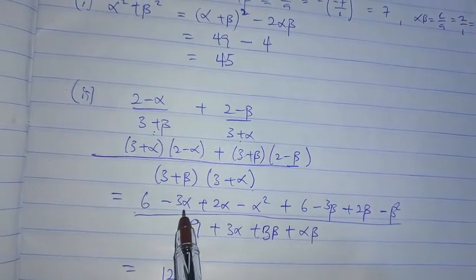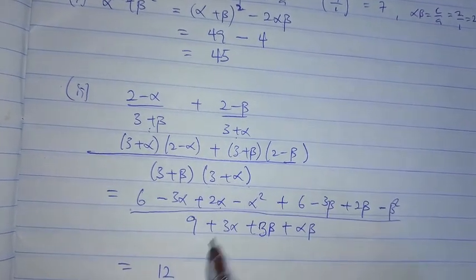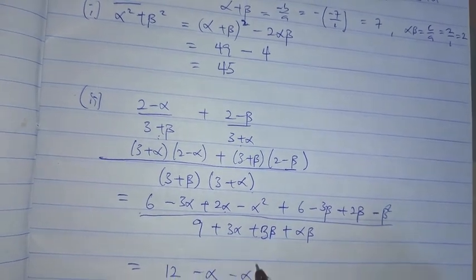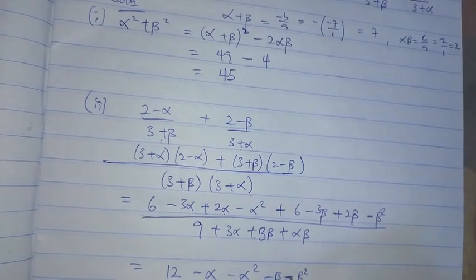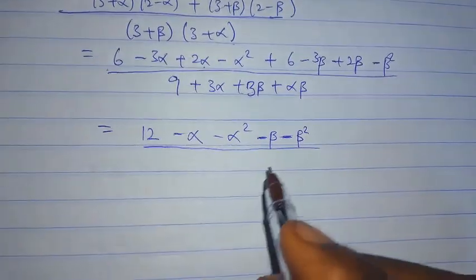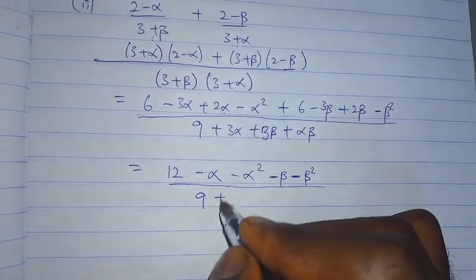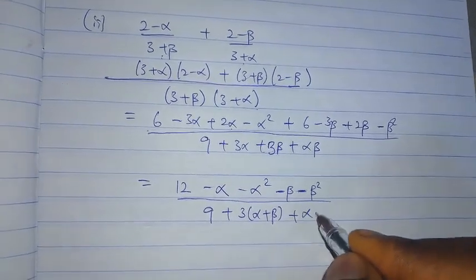Then we have minus 3 plus 2, that's minus 1, so that's minus alpha, minus beta, minus alpha squared minus beta squared, all over 9 plus 3 into alpha plus beta plus alpha beta.